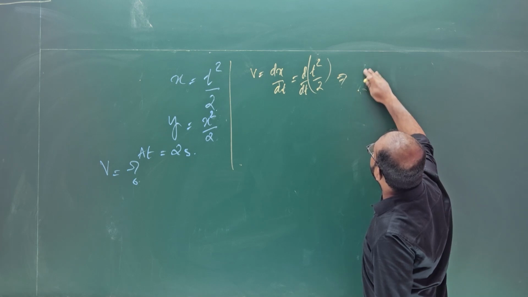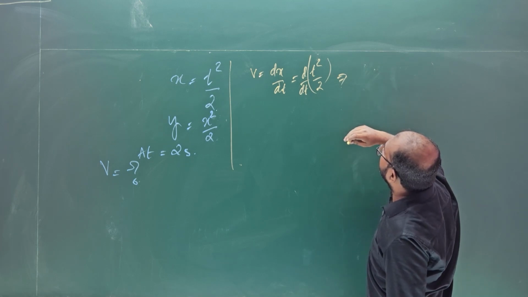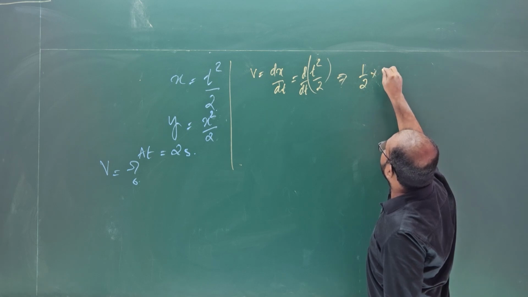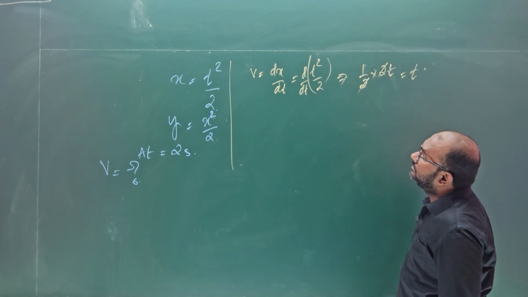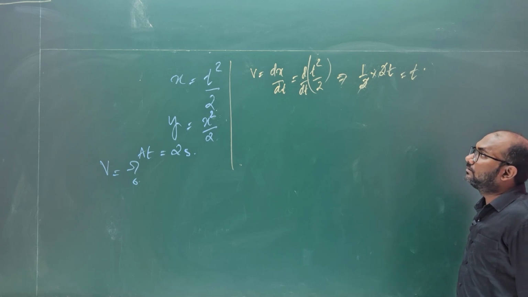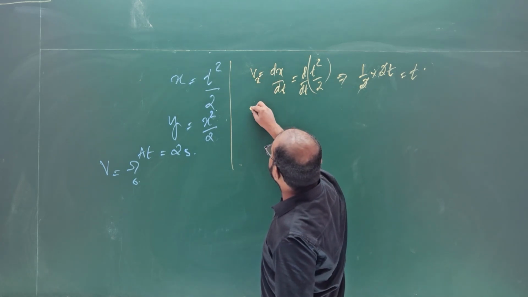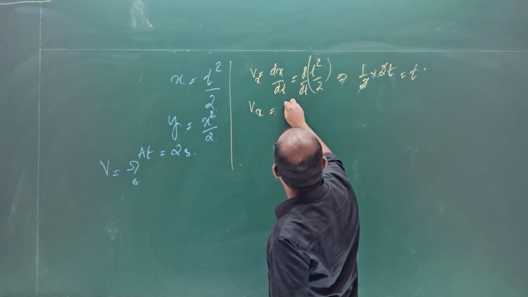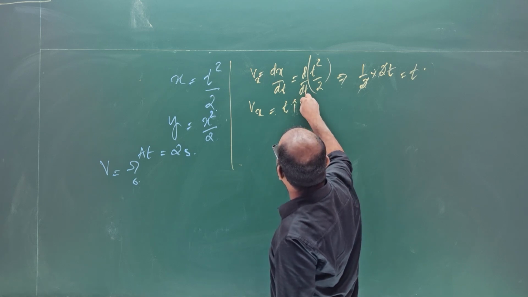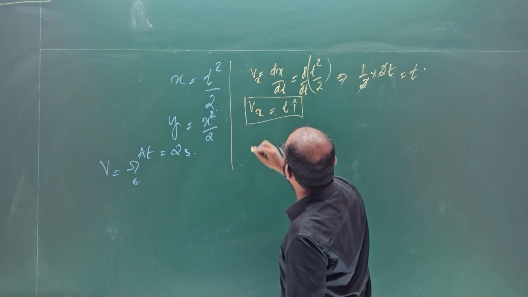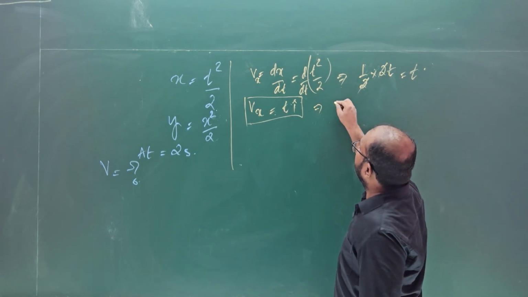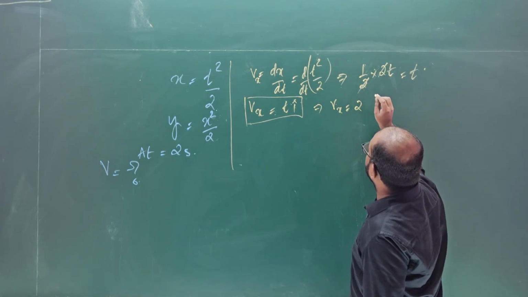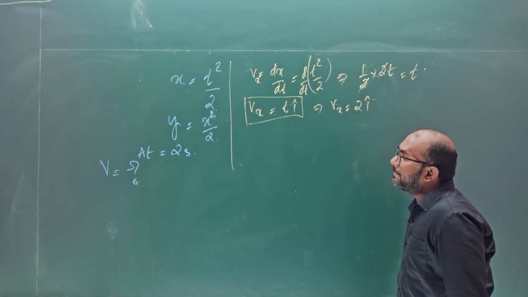The 2 cancels, only t remains. So this is along the x-axis. So velocity along the x-axis is just t, or I can write it with i cap. For t is equal to 2 seconds, Vx is equal to 2 i cap.